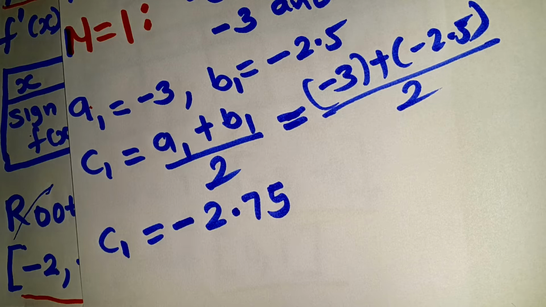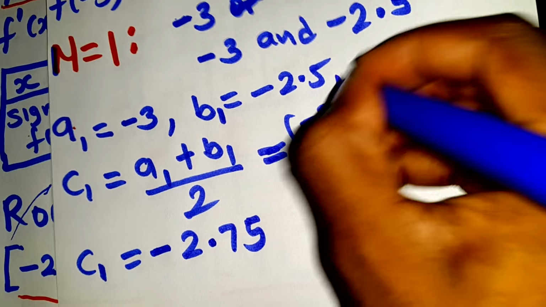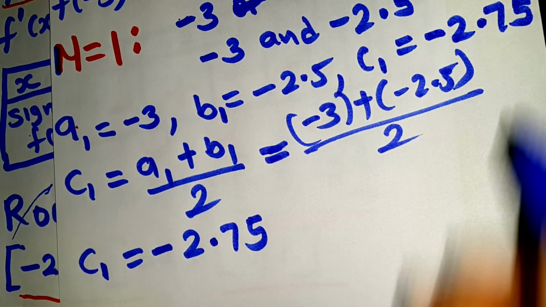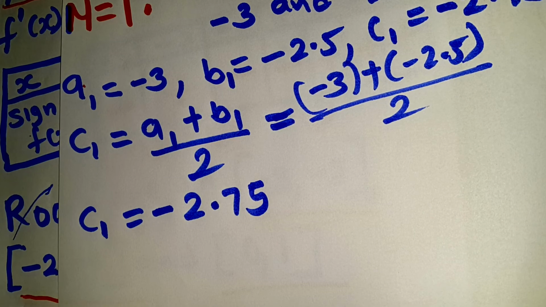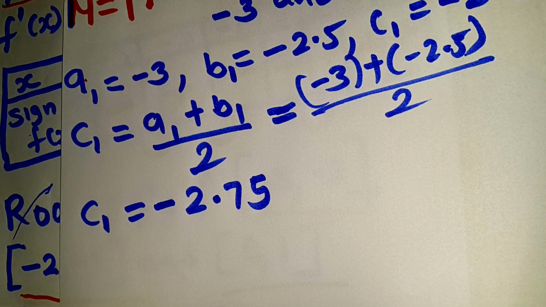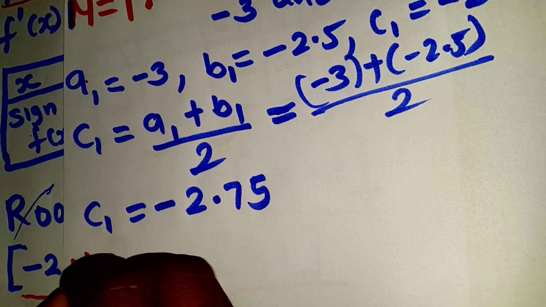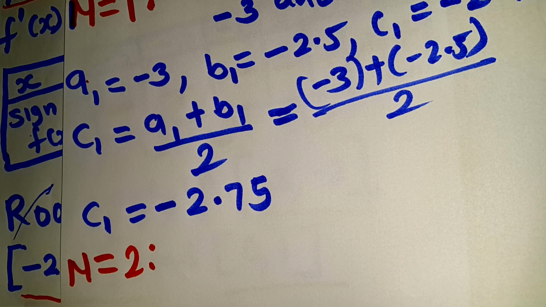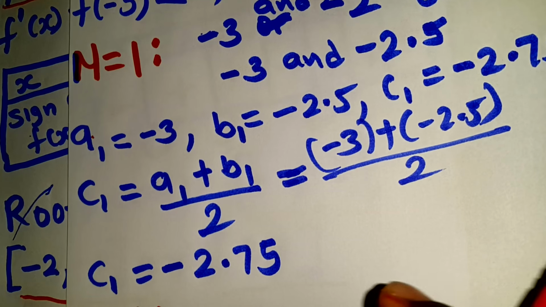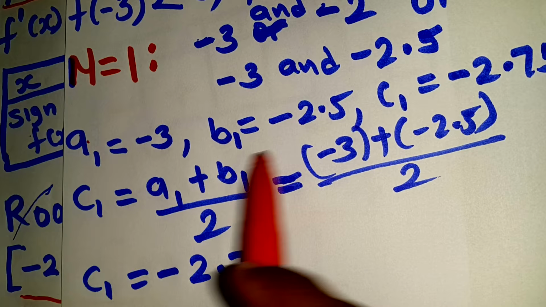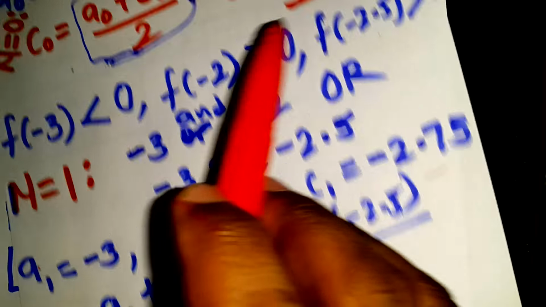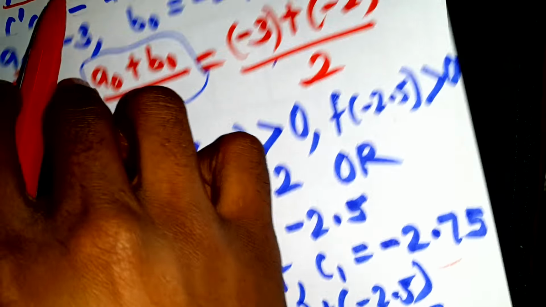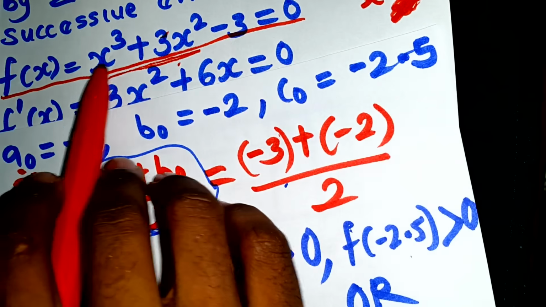So we have A1, B1, and C1 is minus 2.75. Now, when n equals 2, you just have to do the same thing, putting all these new values into our function here.